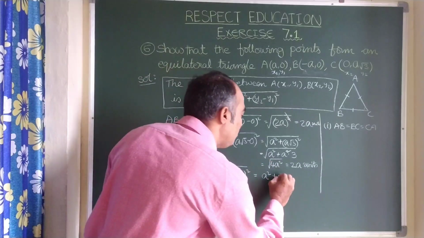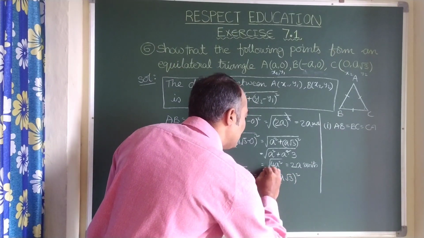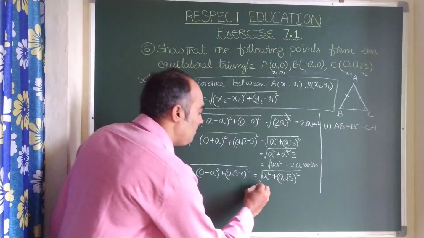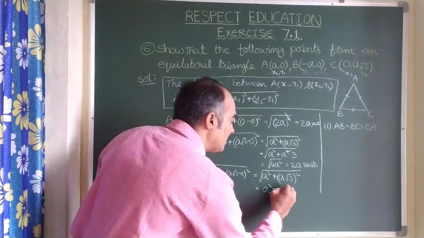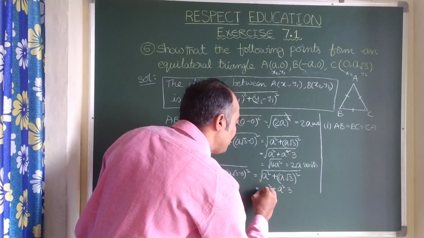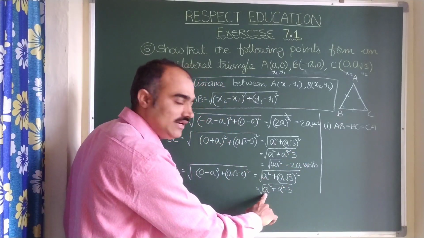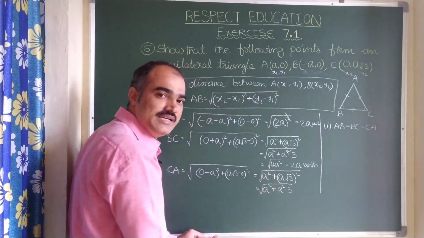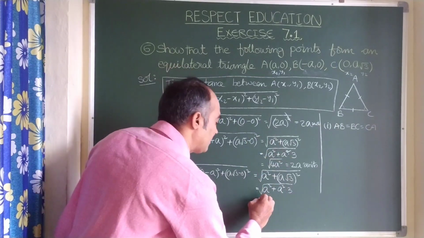So it is (a root 3) whole square, under root. Now let us write a square as it is. We split it. So it is a square into (root 3) whole square, which is 3. So if you observe, this is a square plus 3 into a square, which is 3a square. A square plus 3a square is 4a square.